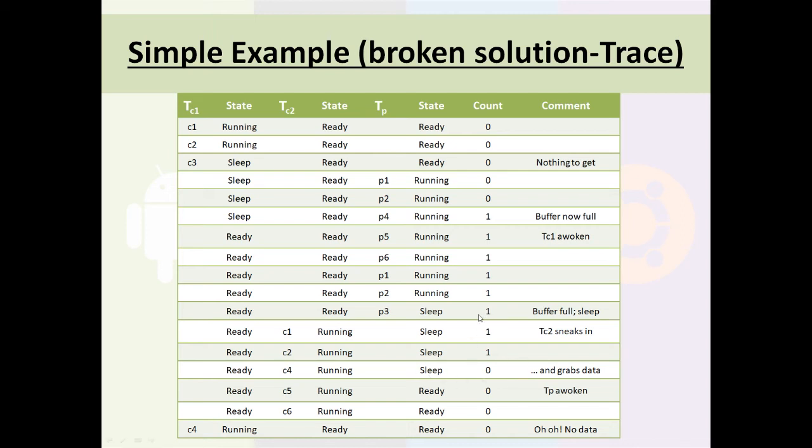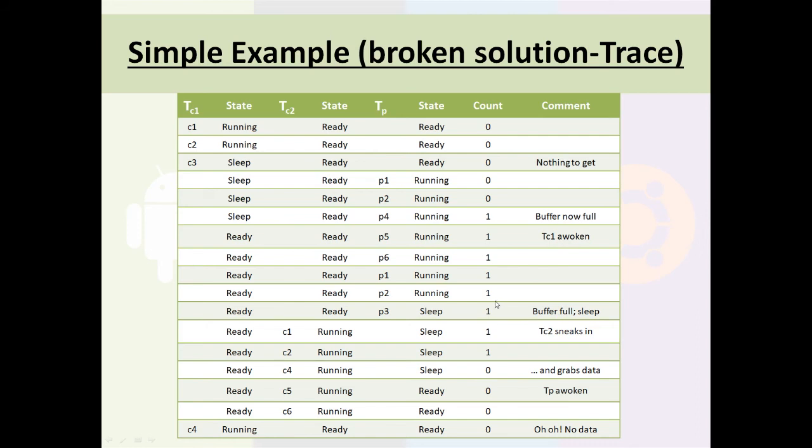So after TC1 was awoken over here, but before it actually started running, the state of the bounded buffer changed, which is indicated by this count variable.